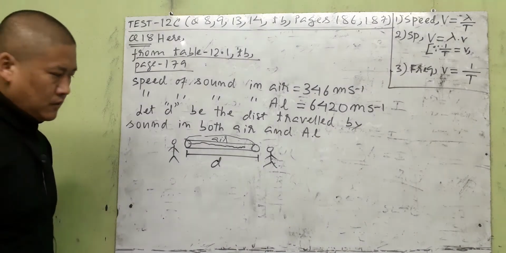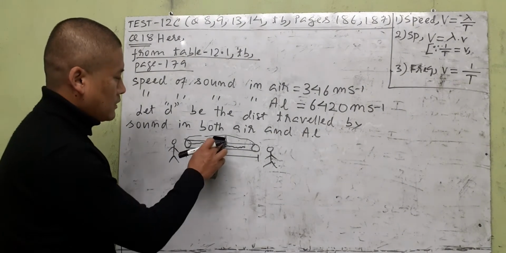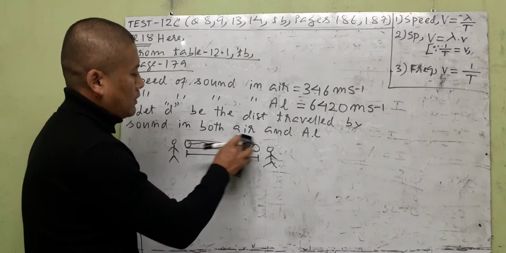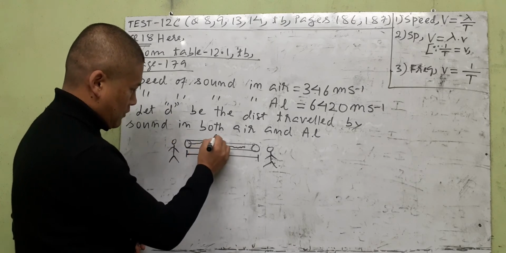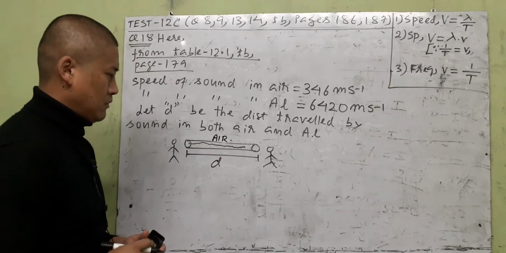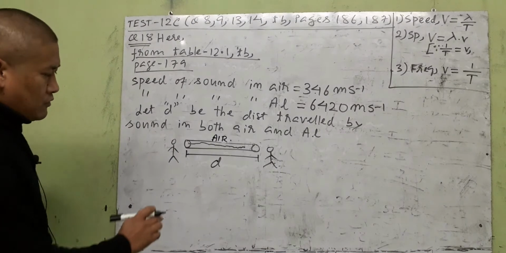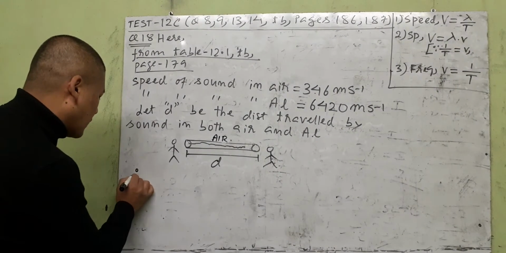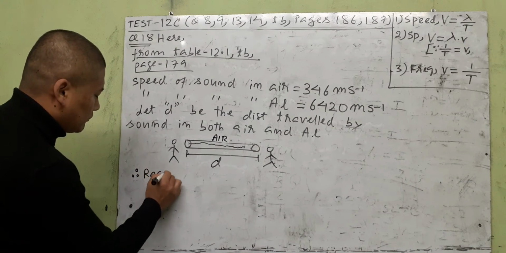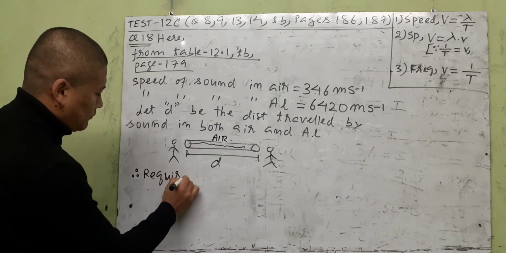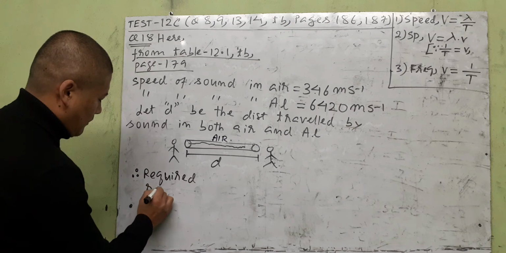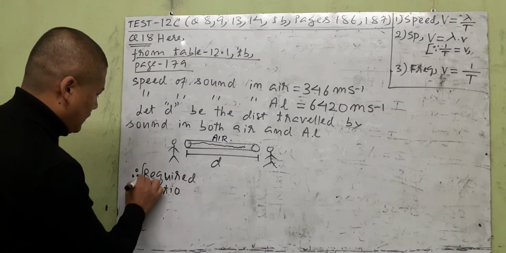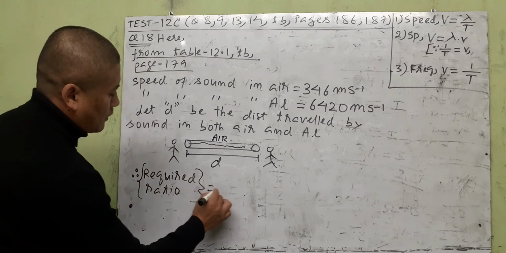This diagram is just for making us understand, okay? Otherwise it's not absolutely necessary for you to draw. So it's up to you if you want to draw. Now next, let us write down the required ratio. Find the ratio of this time taken.